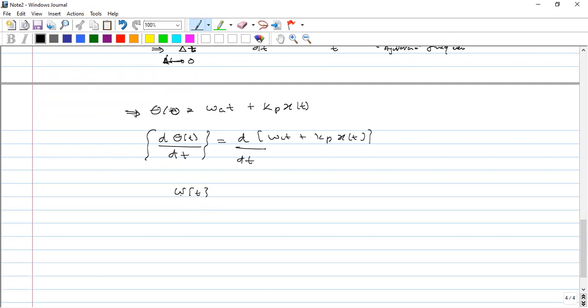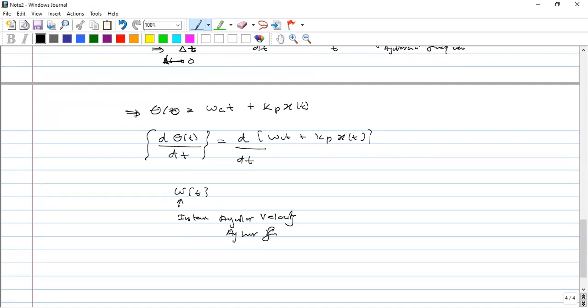So we can refer to it as an instantaneous angular velocity, or we can say that it is the instantaneous angular frequency.